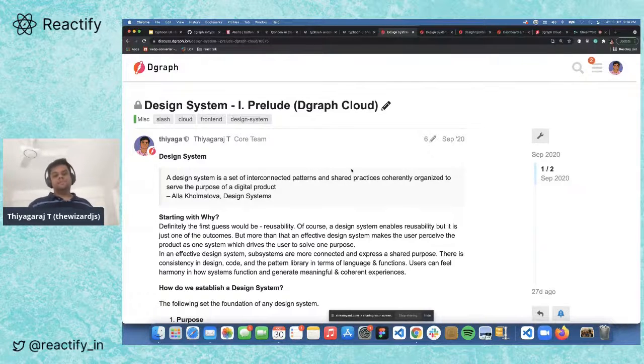She's done a wonderful job of compiling a lot of findings, and the majority of my findings are from that book. In one line, she has defined a design system very beautifully. She says a design system is a set of interconnected patterns and shared practices coherently organized to serve the purpose of a digital product. I think that clearly summarizes what the design system is.